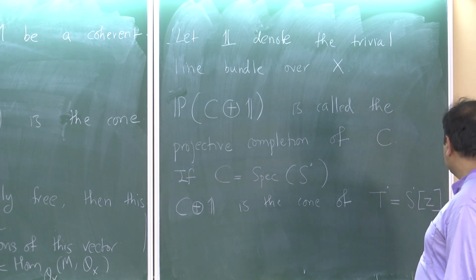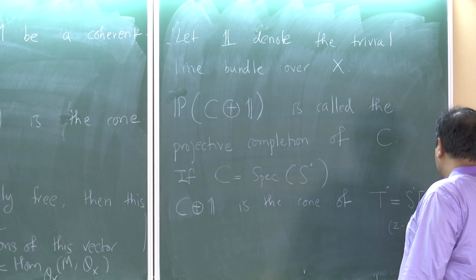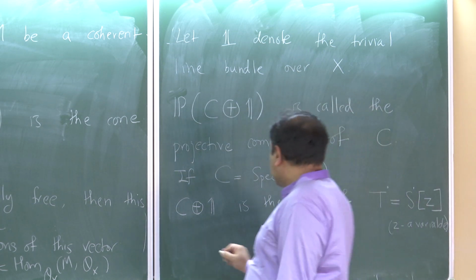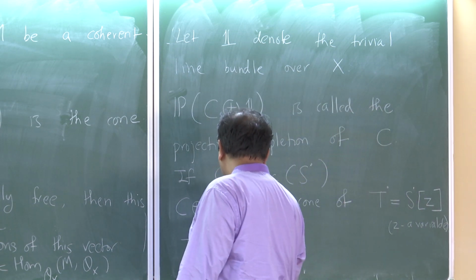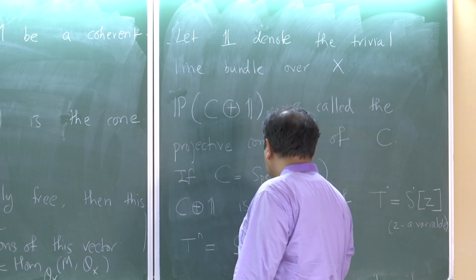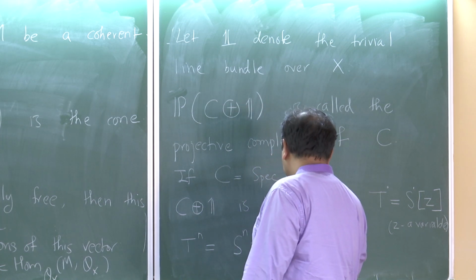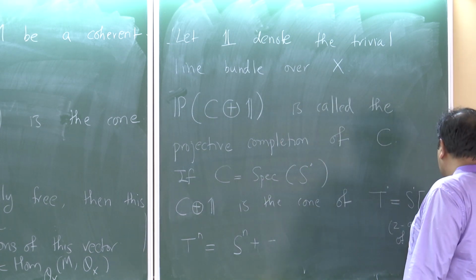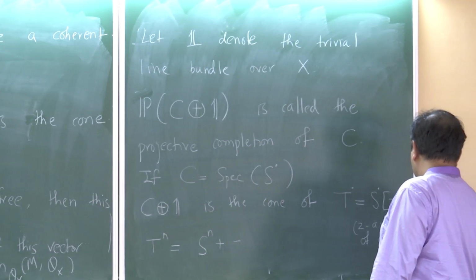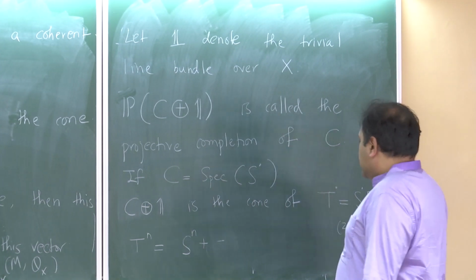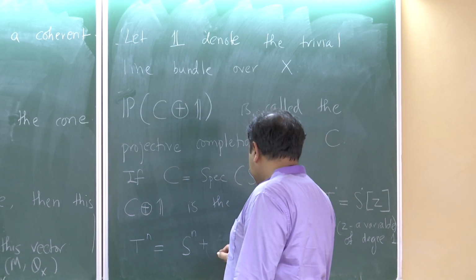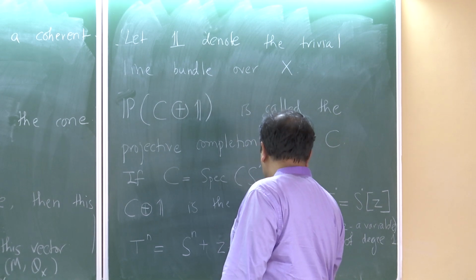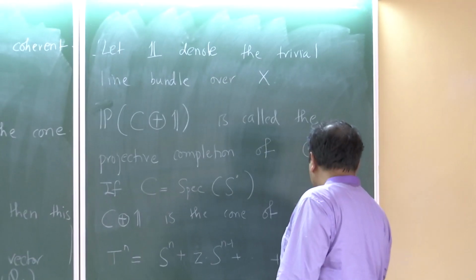Z is a variable of degree 1. So T_n looks like S_n plus Z times S_{n-1} plus and so on, up to Z^n S_0.